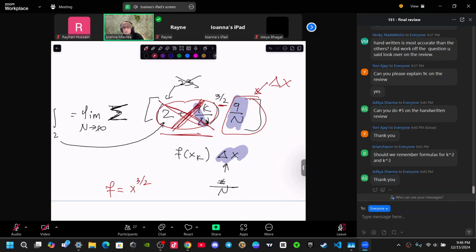K squared, K to the third. Did I mention that? What do you mean K squared and K to the third? Oh, you mean those things? No. But you will in calculus 2, not here.